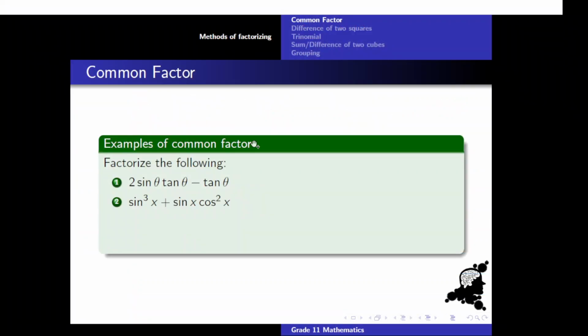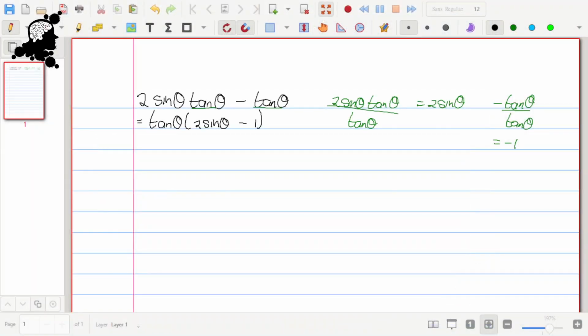Okay. We've got sine cubed x plus sine x cos squared x. Let's go back to our writing pad and have a look at this one. So we've got sine cubed x plus sine x cos squared x.